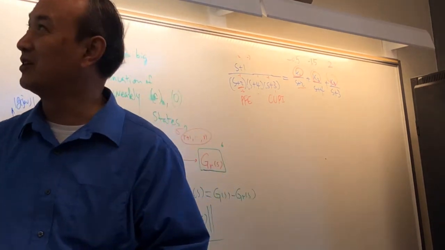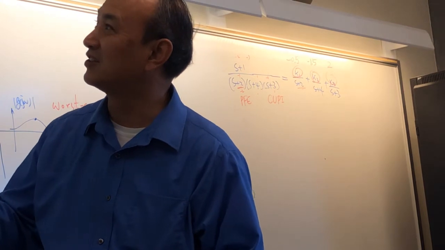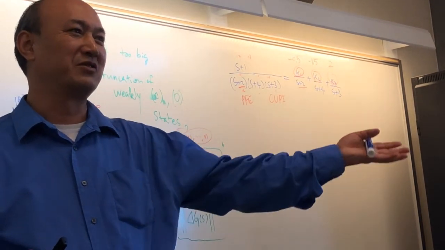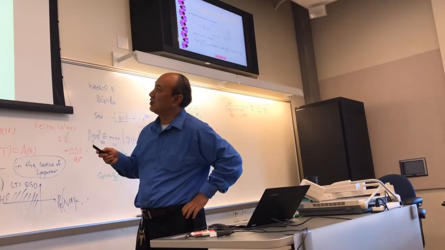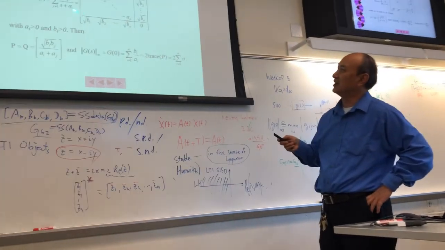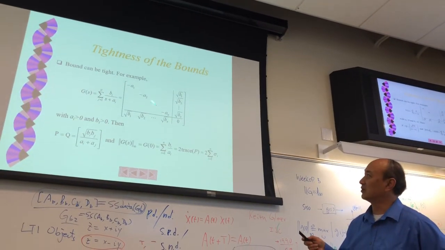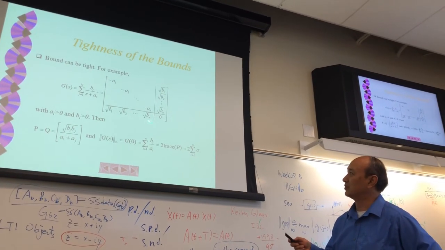So then you are going to have a form like this, a sum of these terms. Given a transfer function, you will be able to do that immediately, like what I did. So this can be written very easily. Let's say these are different, so you can write this in controllable and observable form.